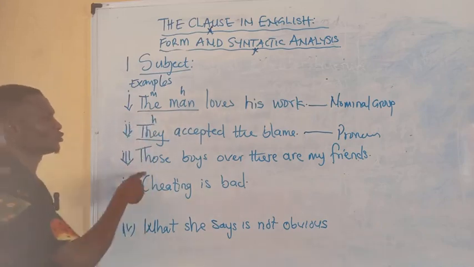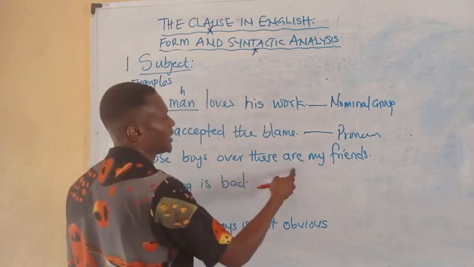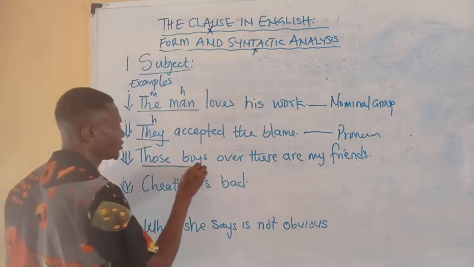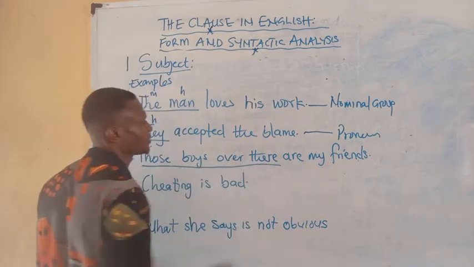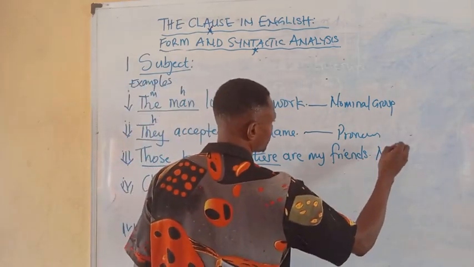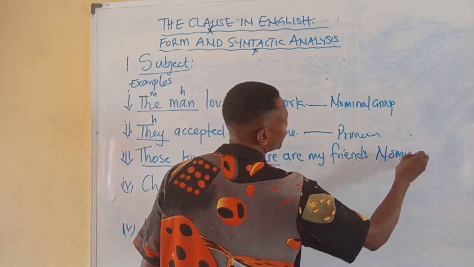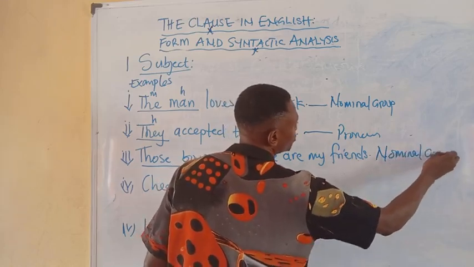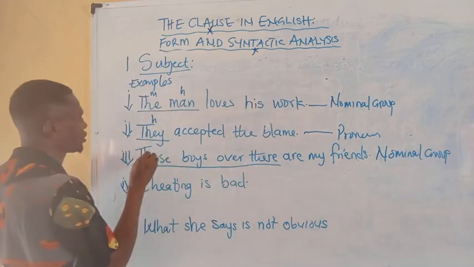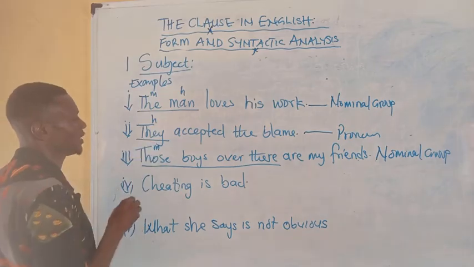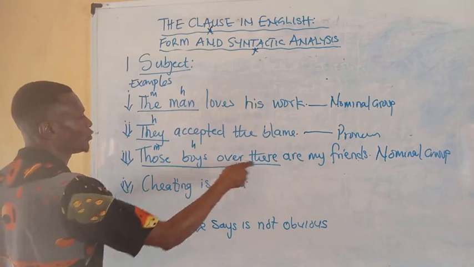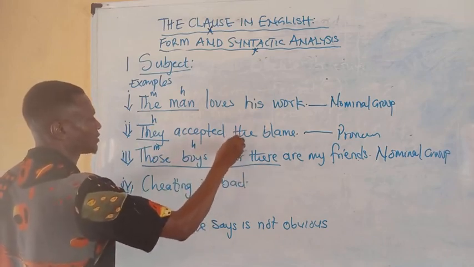Number three: those boys over there are my friends. Those boys over there is also a nominal group. Those here is the modifier, boys is the head, and over there is the qualifier.